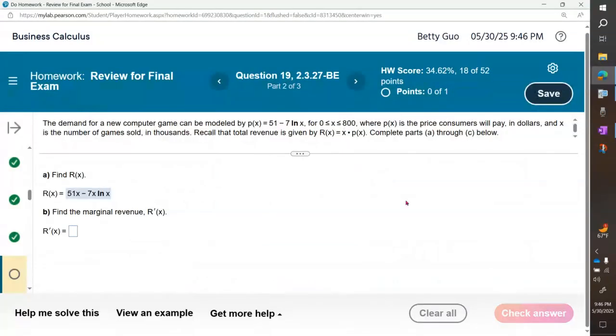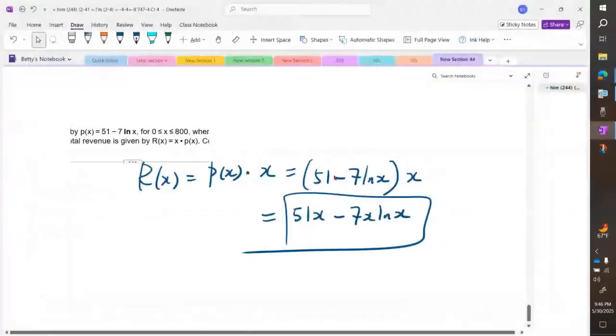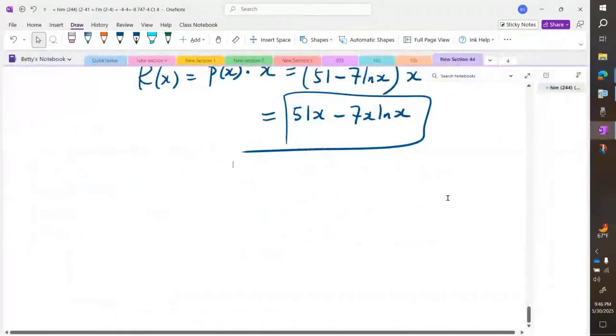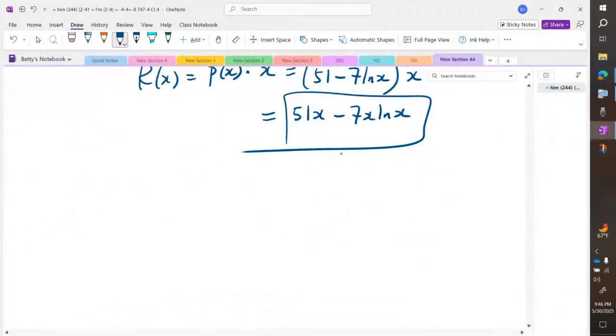Part B is to find the marginal revenue. Take the derivative. The derivative of 51x is 51.